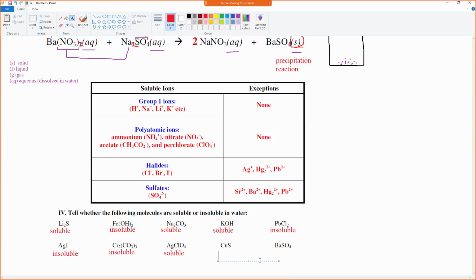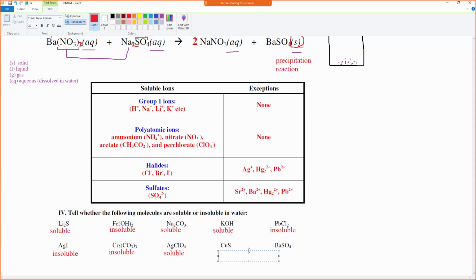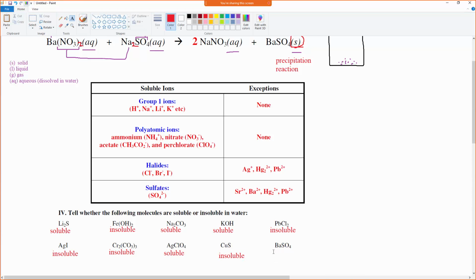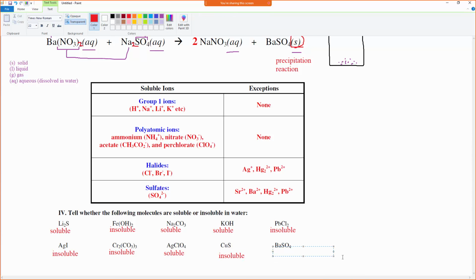What about the copper 2 sulfide here? Insoluble. Good. And finally, barium sulfate. Insoluble.